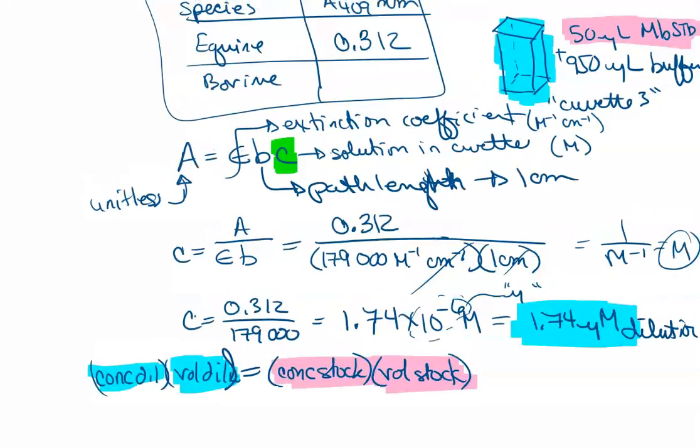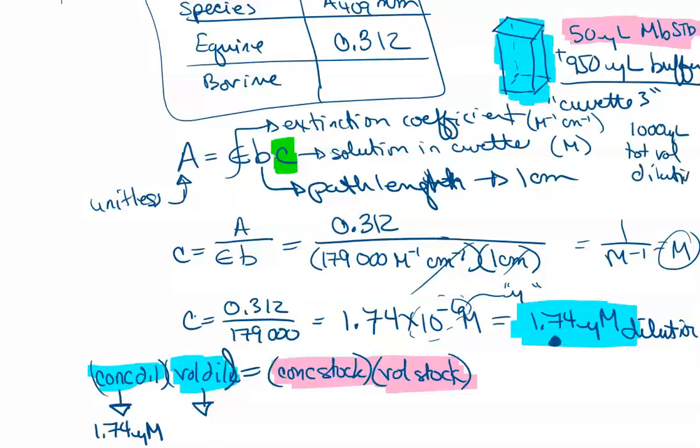Let's try to get it all on one page. So the concentration of the dilution is 1.74 micromolar. And where did that come from? It came from here. The volume of the dilution is, if we say, well, what's 50 plus 950? There's 1,000 microliters total volume of the dilution.